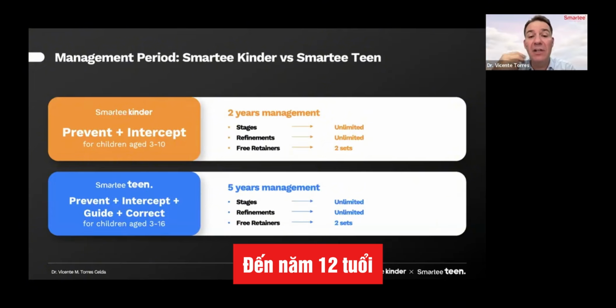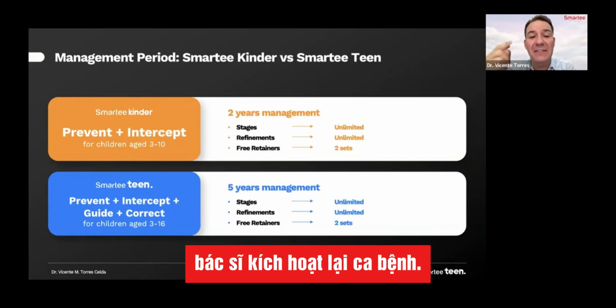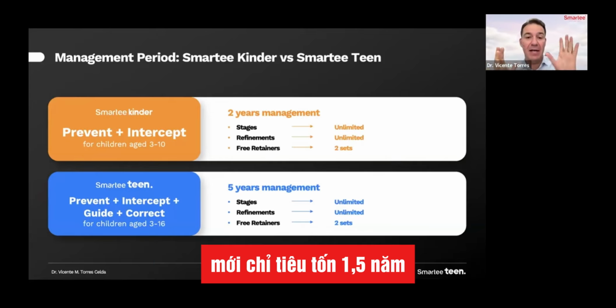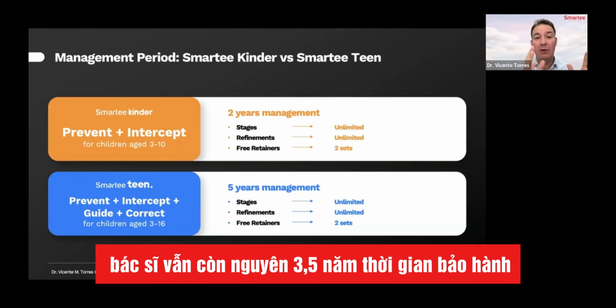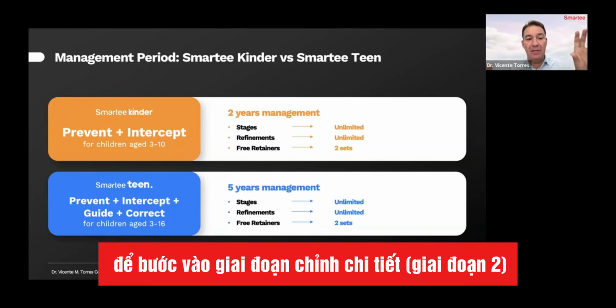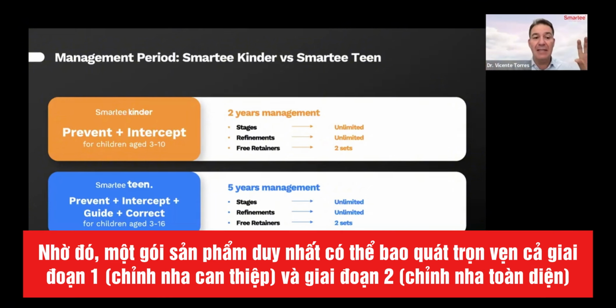When the patient is 12 years old, I can reactivate the treatment. If I use 1.5 years of my 5 years, I have another 3.5 years of treatment, so I can reactivate at 12 years and start the correction. So I have both the prevent or intercept first phase and the correction treatment for the second phase.